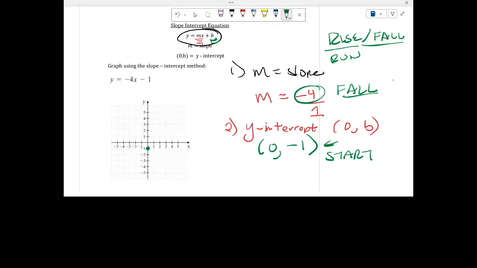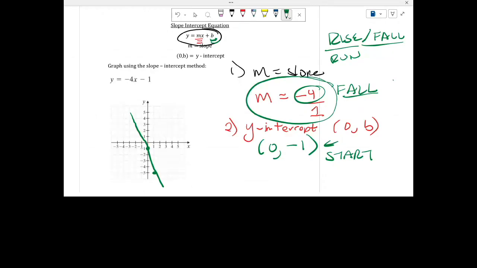So from here, I'm going to count 1, 2, 3, 4, but I'm going to run over 1 spot. Okay. I'm going to draw my line. Boom, there it is. I know it's a little crooked, but you get the idea. How do I know that I did that right? Well, something that tells me that I'm on the right track is look at my slope.